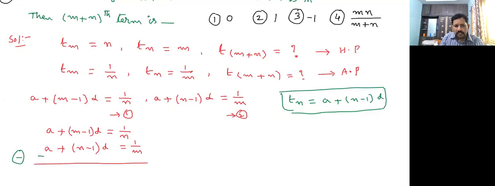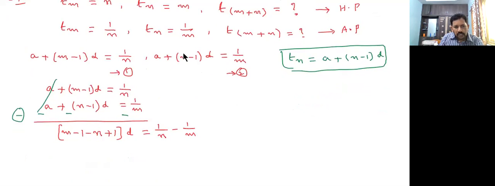That means here minus, here also minus. These two terms are going to cancel. Now in between these two, take d common. Remaining I am writing m minus 1 minus n minus 1, into d, that is equal to 1 by n minus 1 by m.